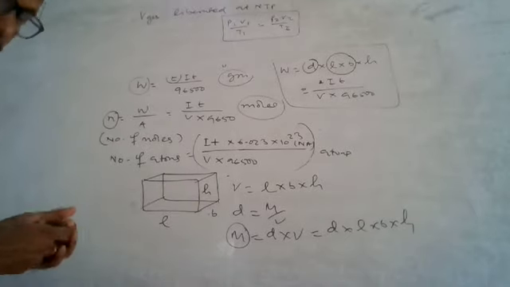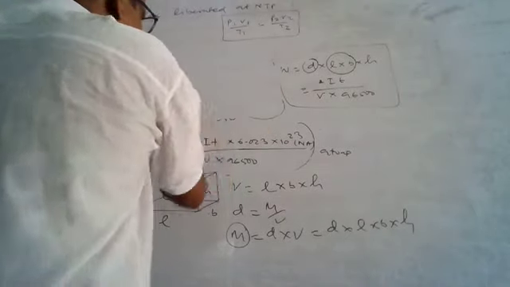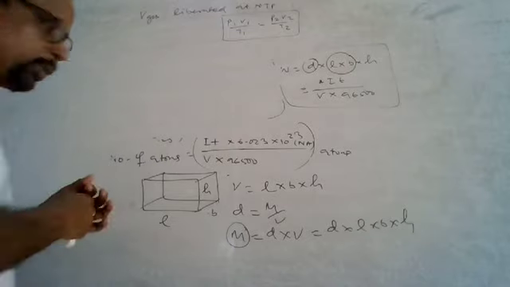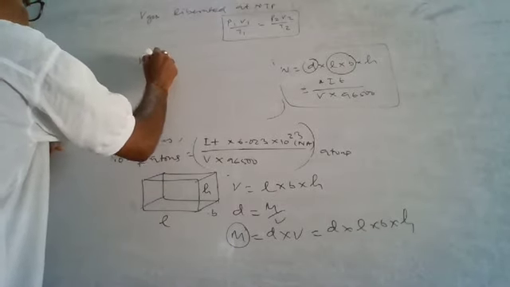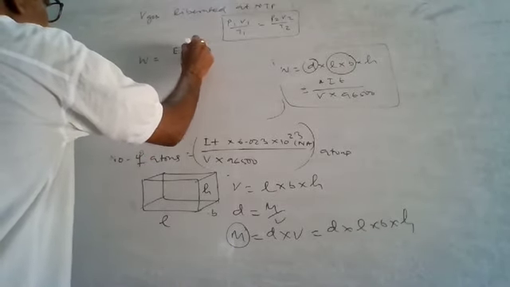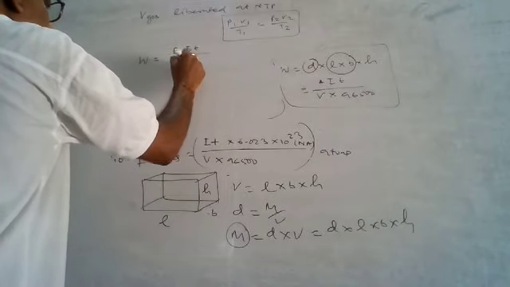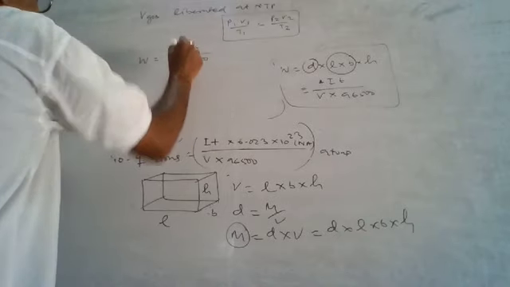Once the volume is converted, we have to realize the mass formula, that is W = E I t by 96500. So this is the equivalent mass.